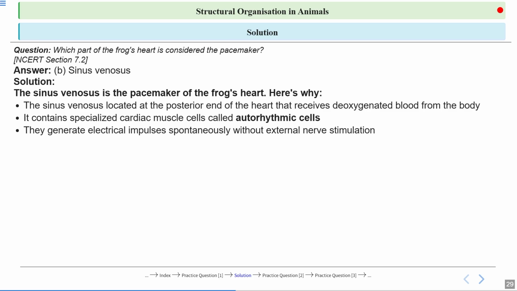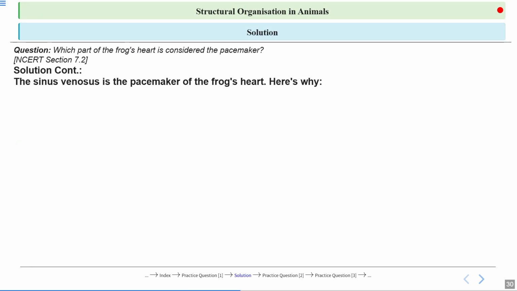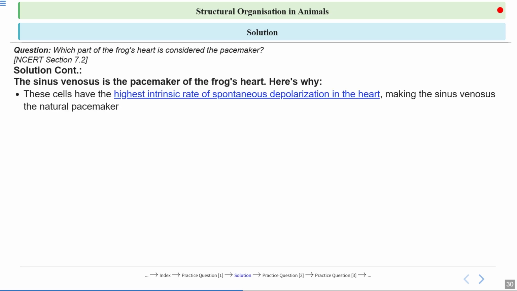They do not get any nerve stimulation from the outside, but they can generate the electric impulse. And these cells have the highest intrinsic rate of spontaneous depolarization in the heart, making the sinus venosus a natural pacemaker, right?